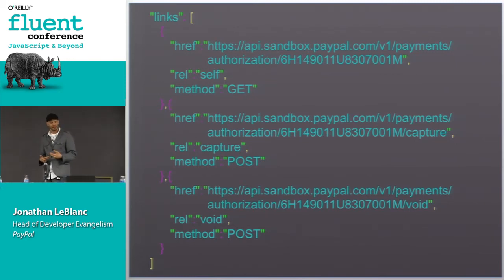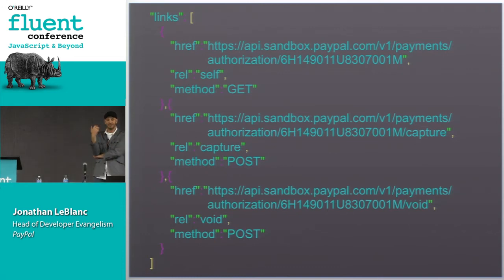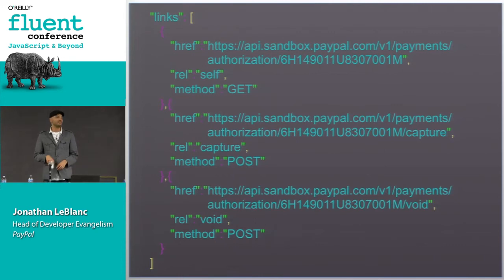So anything that comes back, you have self-descriptive messaging here. You have a relevance flag in there, your self, your capture, whatever relevance there is in the API that you're working with. You have the HTTP request method that you're going to be utilizing right here for building that request. And based on the API constraints, you have everything that you need.